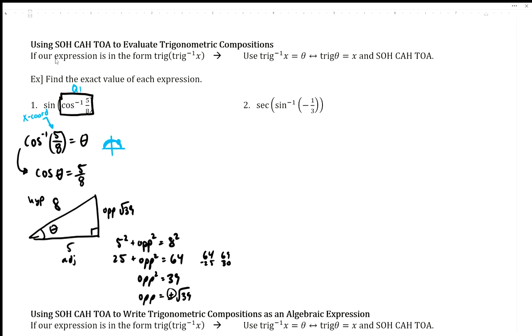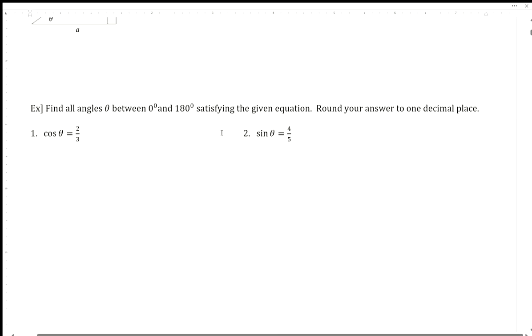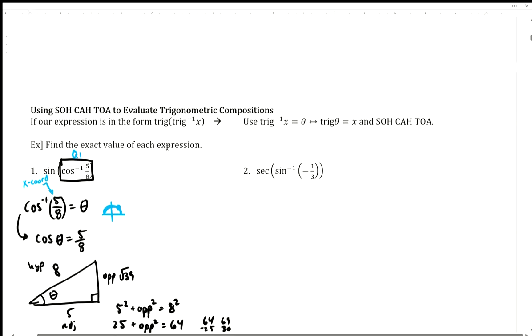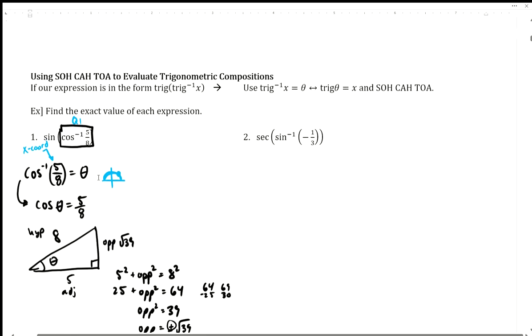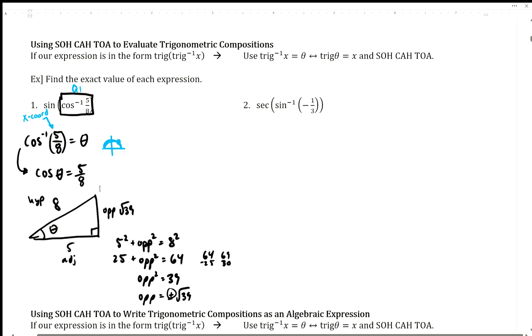And notice we're not solving for the angle. If you were following my videos in the exact order that they're given, in these previous problems we were finding the actual angle. This time we're not actually finding the angle. We're just setting up a triangle to help us along the way, because after this, we say sine of theta.